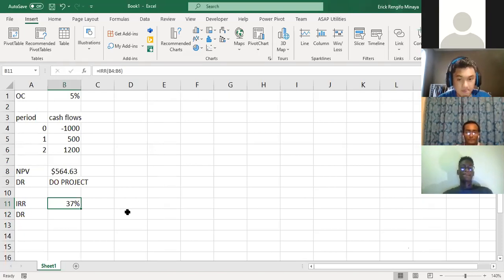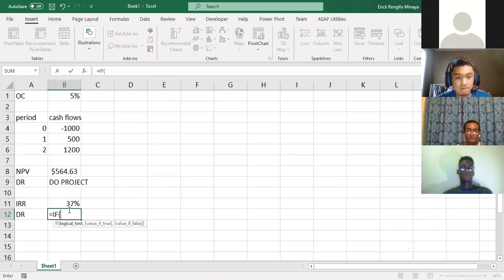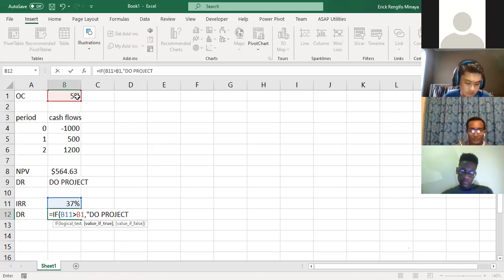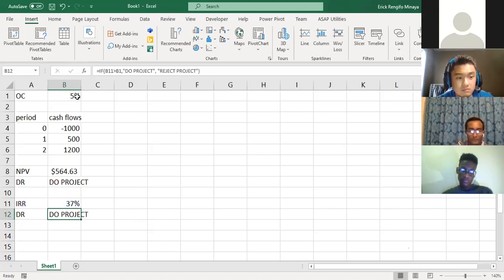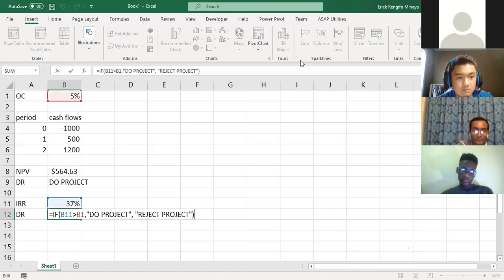That's why my decision rule here is: if this number is larger than my 5%, then do the project. Otherwise, reject the project. Agree with me? Okay, copy and let's do another example.